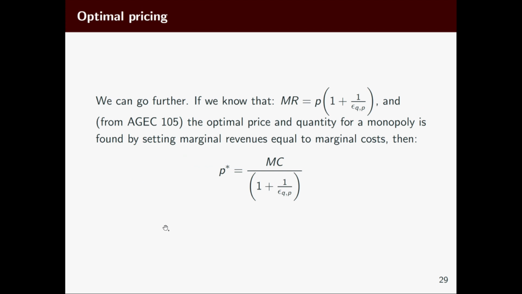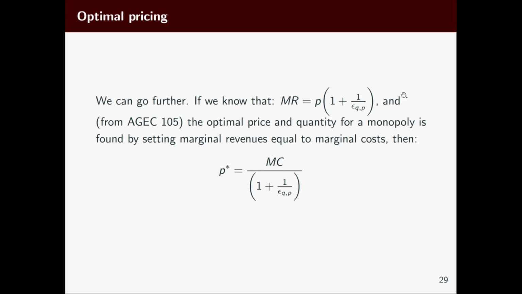Okay. So let's go even one step further. If we know that marginal revenue is this function here, and again from our early econ classes, we know that at least in the case of a monopoly, if you're the only seller, then the optimal price and quantity for your market is to set marginal revenue equal to marginal cost.